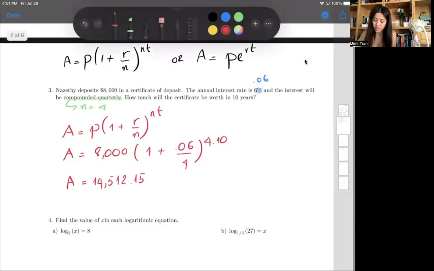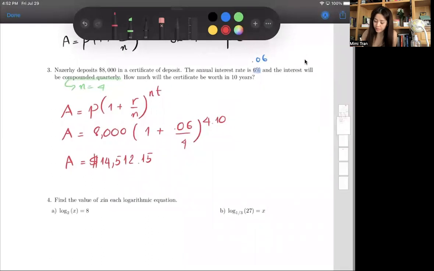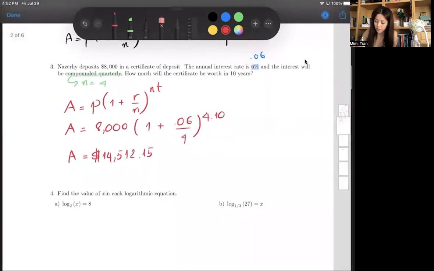Round it to the nearest cent, okay? By the way, you notice that if the next number is 5 or greater, I round up a unit. But in reality, the bank doesn't. They're just going to say $14,512 and 14 cents. They don't round up, no matter how big the number next to it is. It's how they make money. Yeah, box that.